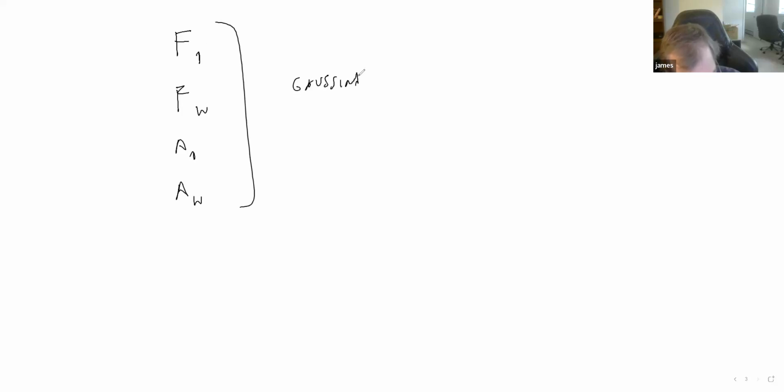I guess I should call them F1 and FW and A1 and AW, and I should have these be Gaussian quantities, Gaussian numbers, elements of the Gaussian field, the field of fractions.